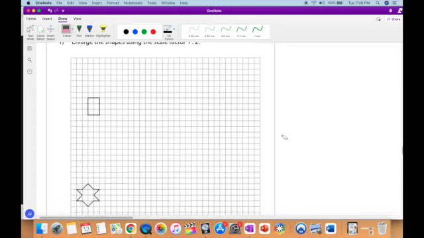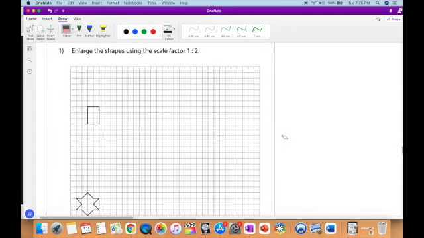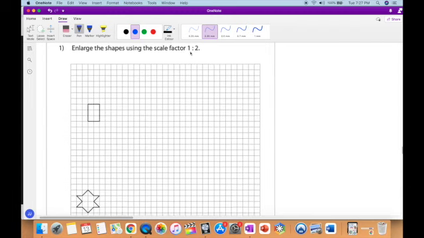We do have some questions here, and you could try these questions if you want, but they are quite easy, right? For example, enlarge the shapes using a scale factor of 1 to 2. That means that for every 1 centimeter on this shape, I will have 2 centimeters on this shape.